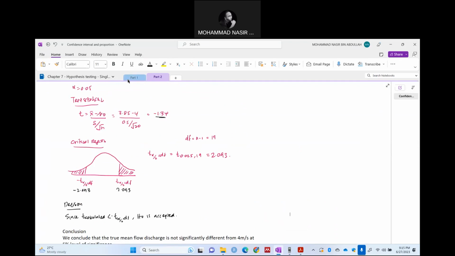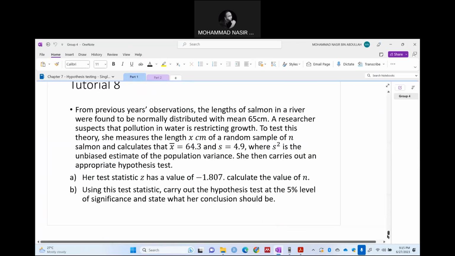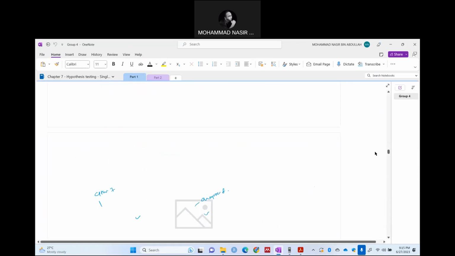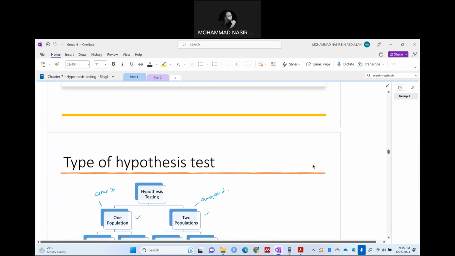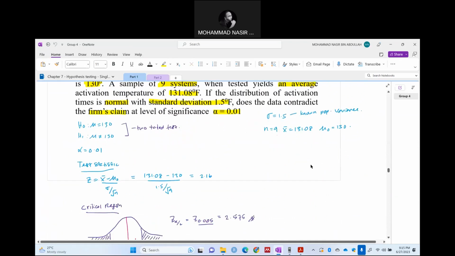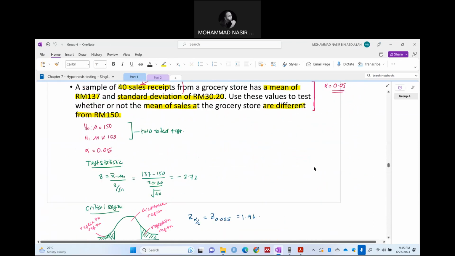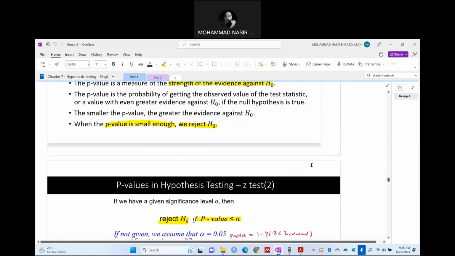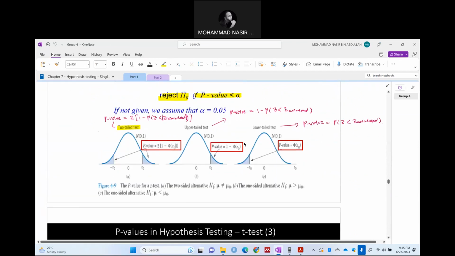So still remember yesterday, I already provided you a slide to calculate the p-value, right? Where is the slide? This slide. So this is the slide for calculating p-value for Z distribution.